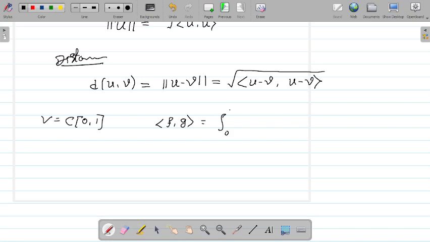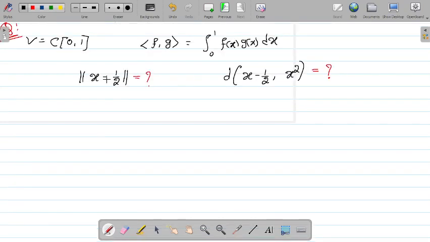Okay, let me do the first question. The first thing is, you're asking for the norm of this. So first of all, let me calculate the inner product of f and f, that is x minus 1 by 2 and x minus 1 by 2. That's nothing but the integral from 0 to 1 of x minus 1 by 2 whole square dx. That's right, f into f is nothing but f square. And what is its integral?